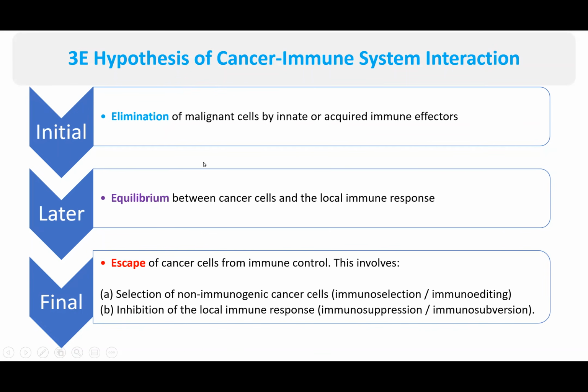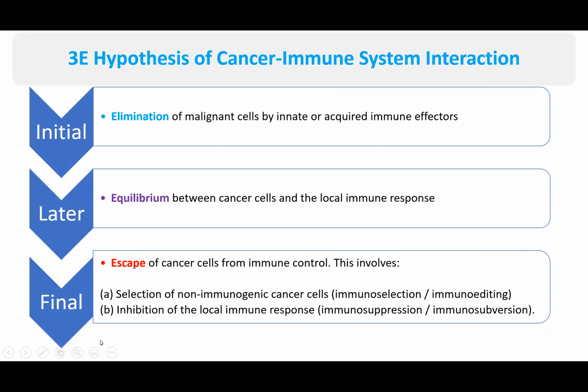Over time, cancer cells will try to establish equilibrium with the machinery of the immune system. So cancer cells here try to evade the immune system, and the immune cells still try to capture the cancer cells and attack. So here there is equilibrium, no winner in this phase.